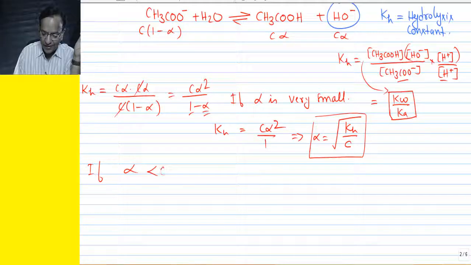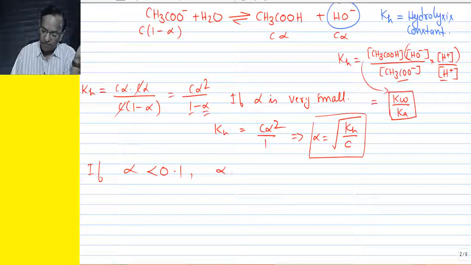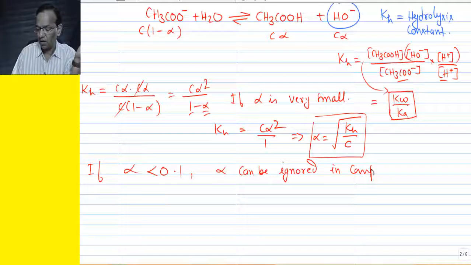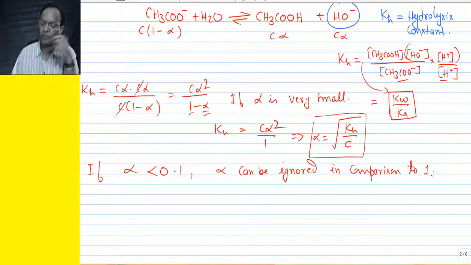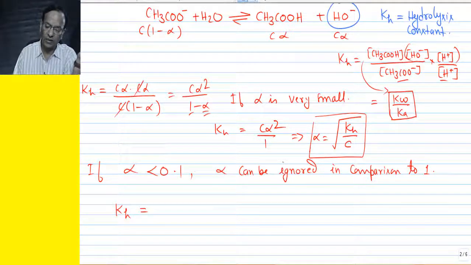If alpha is less than 0.1, then alpha can be ignored in comparison to 1. In that circumstance, Kh, the expression for equilibrium constant, how it will be?